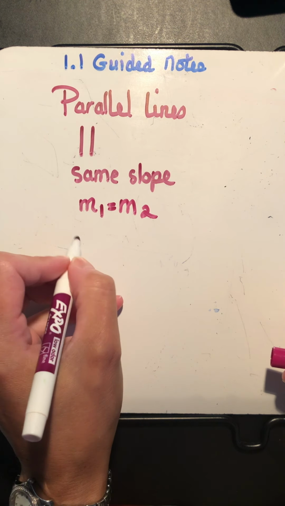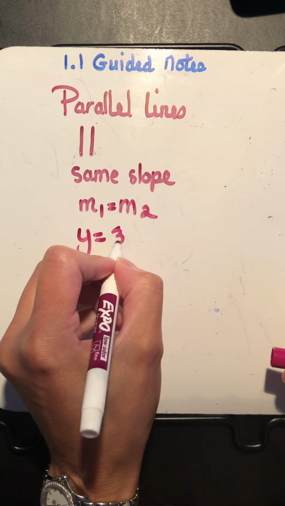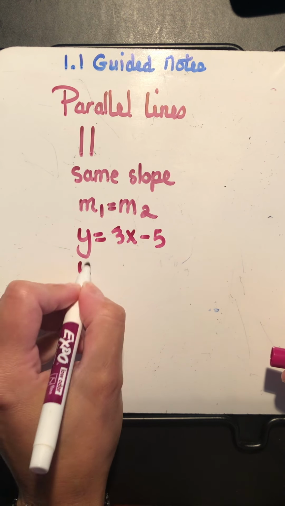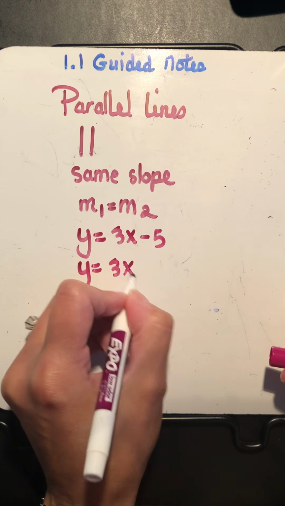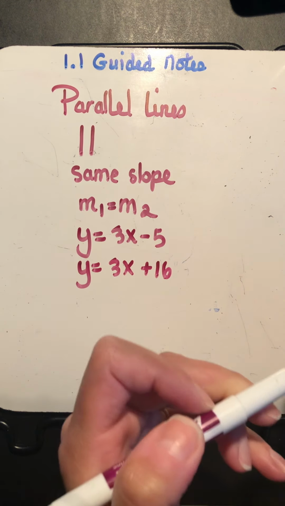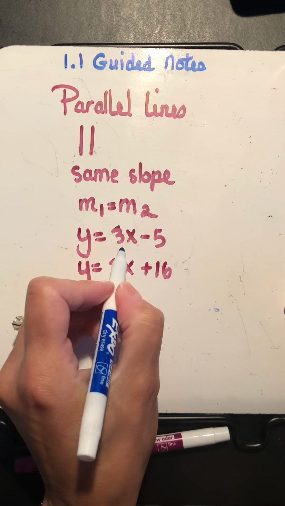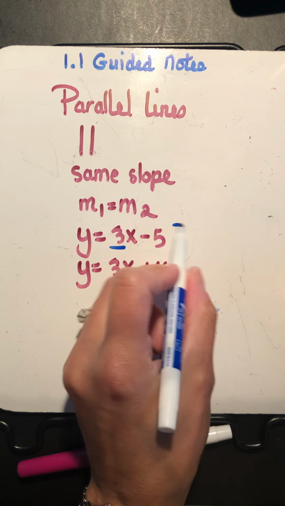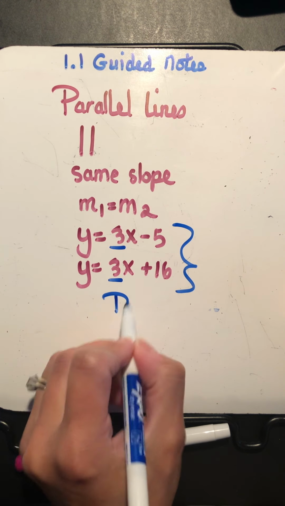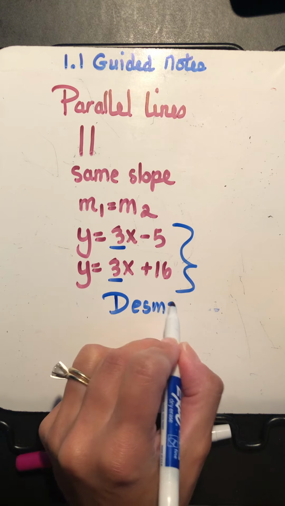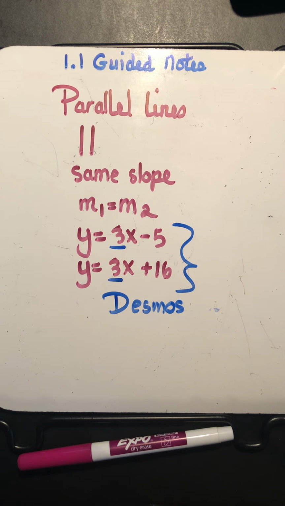And just a quick example, let's say I have y equals 3x minus 5, and let's say I have y equals 3x plus 16. You'll notice that these two equations have the exact same slope, therefore they will be parallel. A good exercise is to graph these equations on Desmos, and you will see that that is correct.